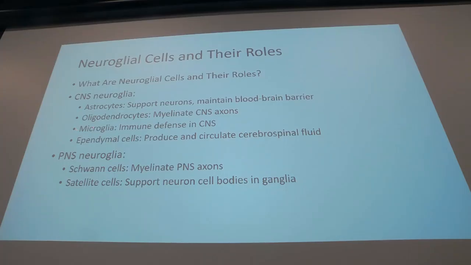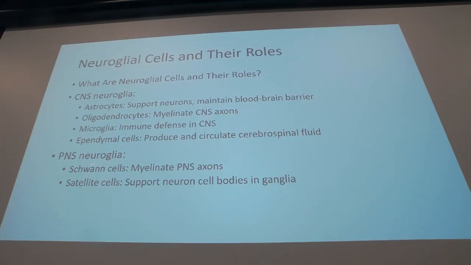And then surrounding the cavities in our brain that we call ventricles, we have ependymal cells. These ependymal cells produce and circulate a fluid that keeps our neurons moisturized, that we call the CSF, cerebrospinal fluid.